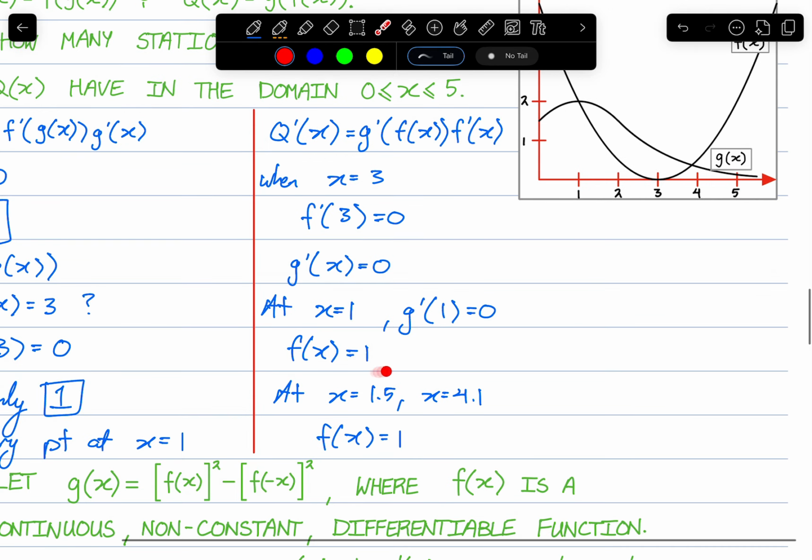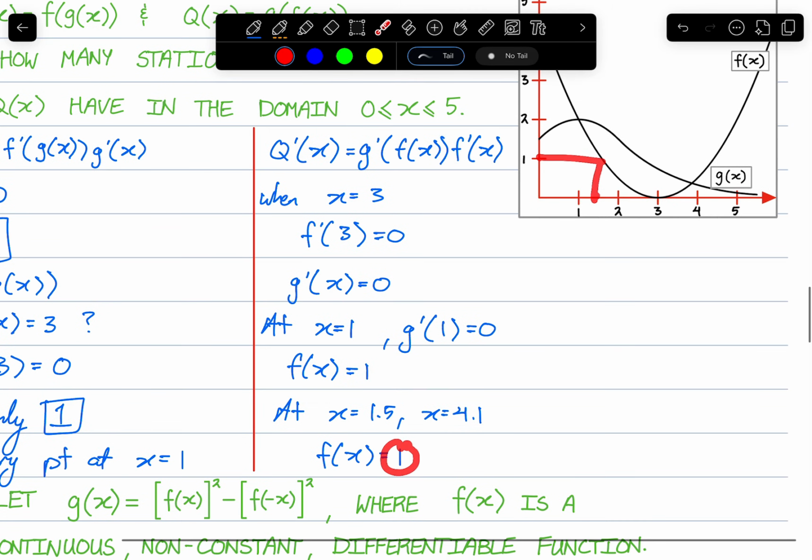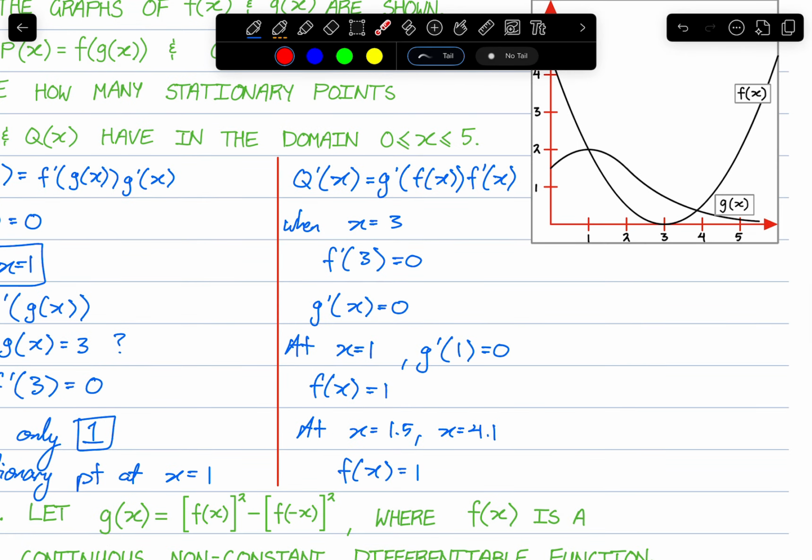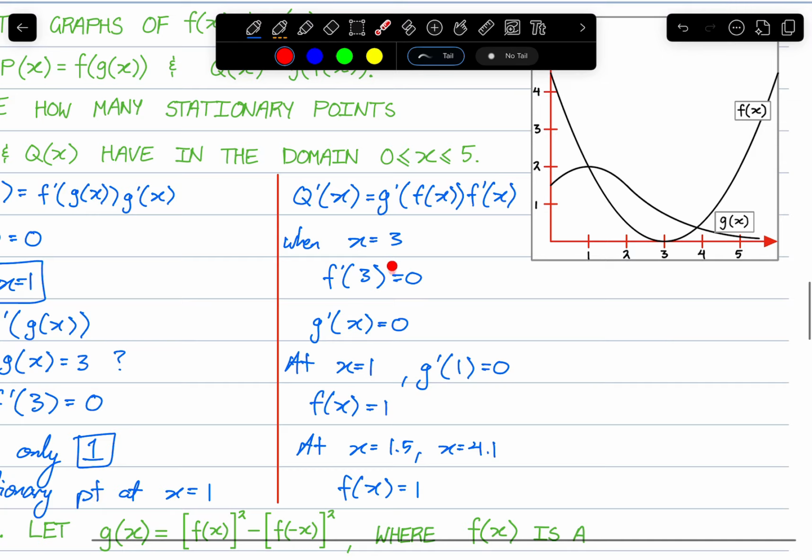So let's take a look at that. When x equals 1.5, f equals 1 approximately. And because the output of this goes into the inside of here, that becomes g prime of 1. And g prime of 1, as I stated here, becomes a stationary point. So I'll repeat for this question. This was the harder half of this problem.